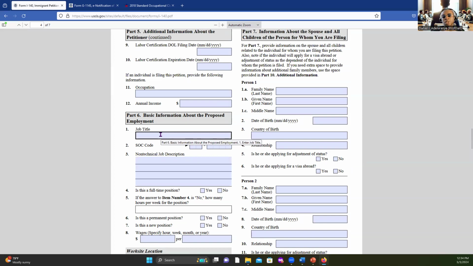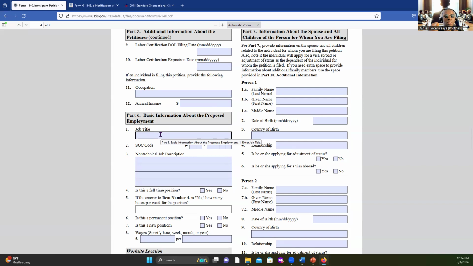For those that do not have a job offer yet, and you are a self-petitioner, the confusion comes as to, do I fill part 6 or not? Previously, we had self-petitioners that did not fill this part 6 because they do not have a job offer. And of course, that's the main reason for the national interest waiver, which says you do not need a labor certification or a job offer to self-petition.